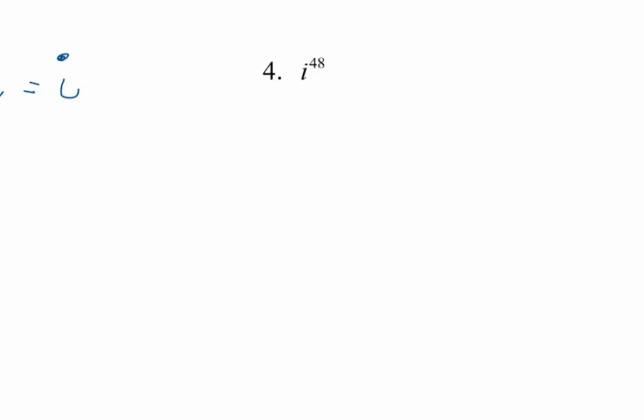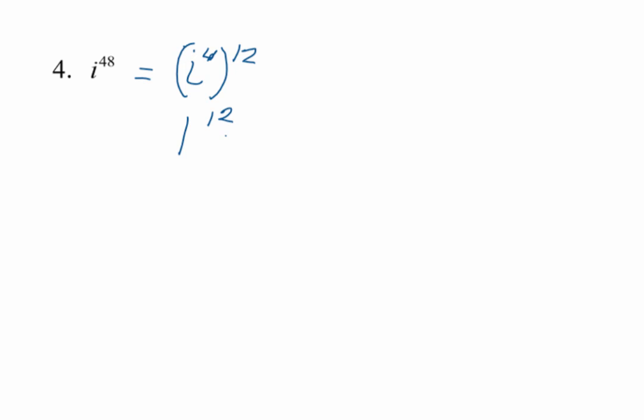All right, i to the 48th. Oh, I'm liking this, aren't you? Why? Because how many i to the 4ths can we fit in 48? There are 12 groups. And each of these 4 i's multiply to a 1. I to the 4th is 1, and so 1 to the 12th is 1. So i to the 48th is 1.